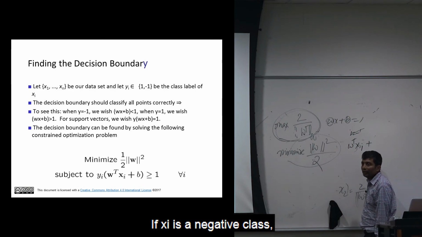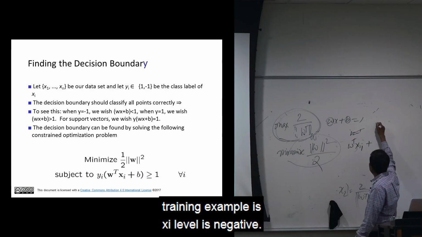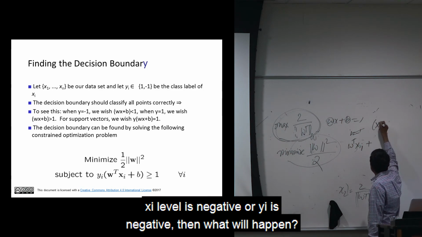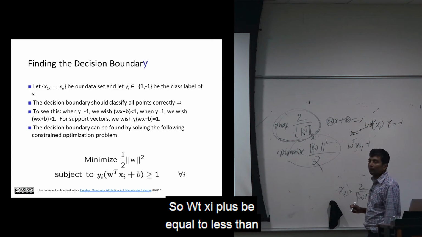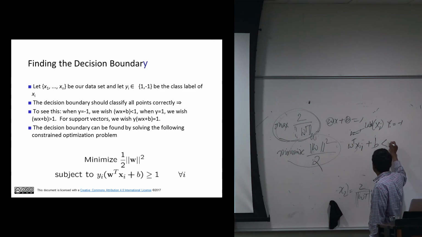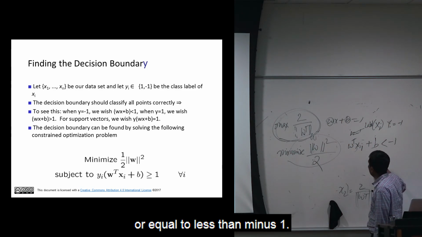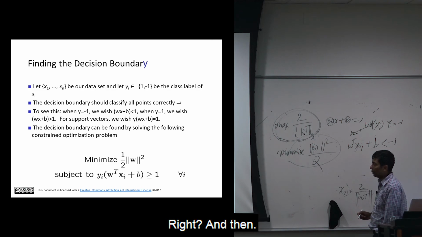If xi is a negative class, the training label yi is negative, then w^T xi plus b will be less than or equal to minus 1, right?